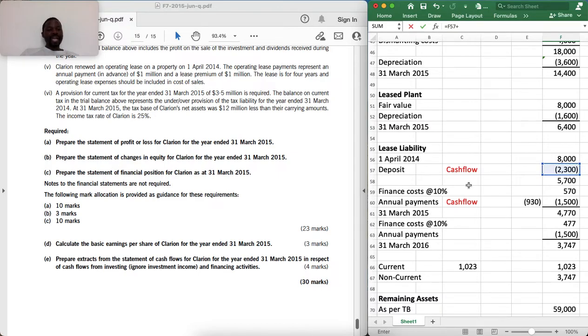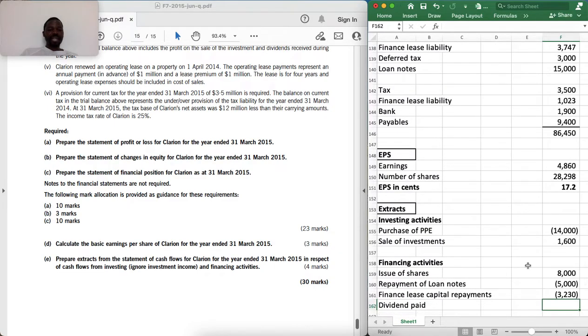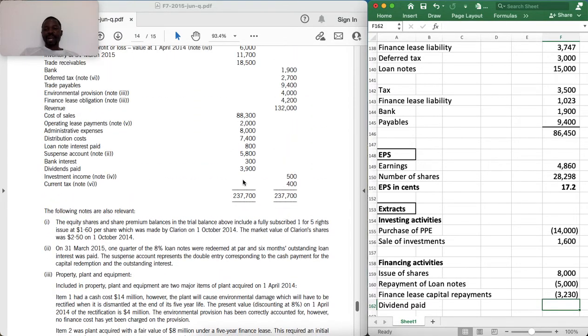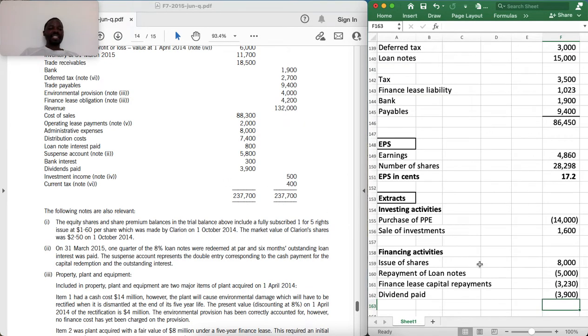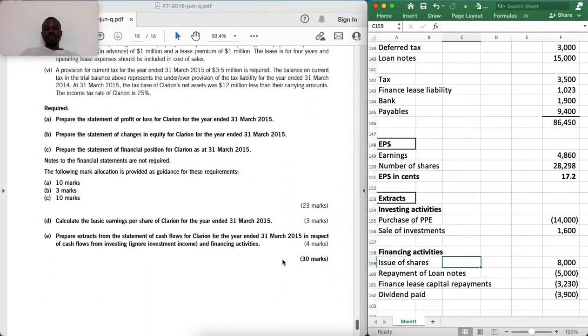We also add what was paid towards the capital in terms of annual payment was 930, like that. So that was the annual payment. Then the dividend paid, we take it straight from our trial balance as 3,900, like that. This is what was required of us to prepare the extracts of the cash flows for 4 marks.